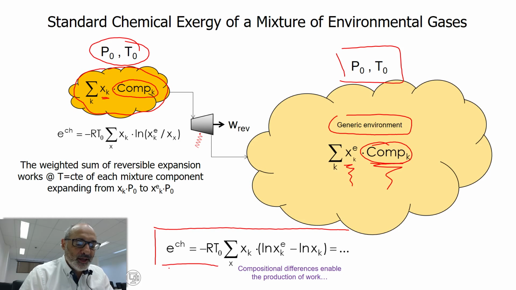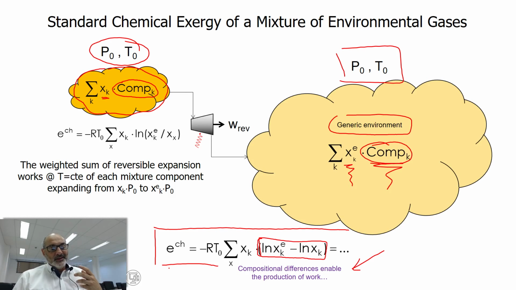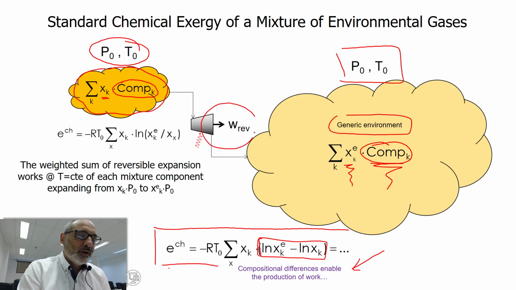The interesting thing is that you have this term here. This is very interesting, because you see that the only thing that enables production of work or forces work to be supplied to the process is the existence of differences in composition.